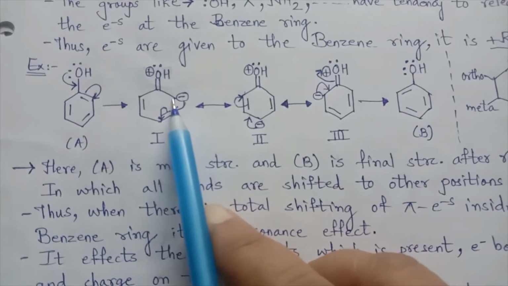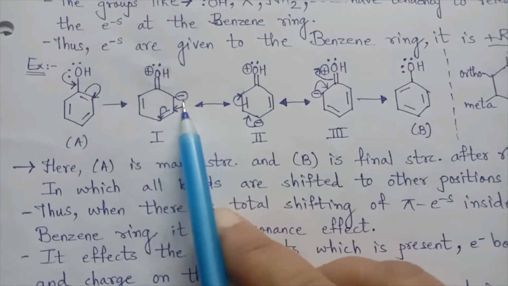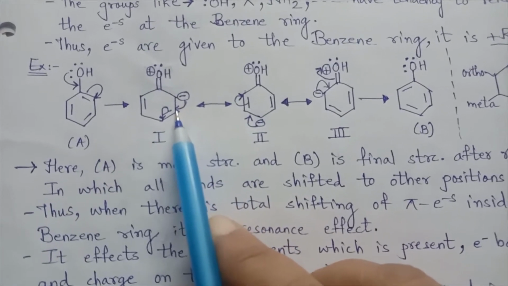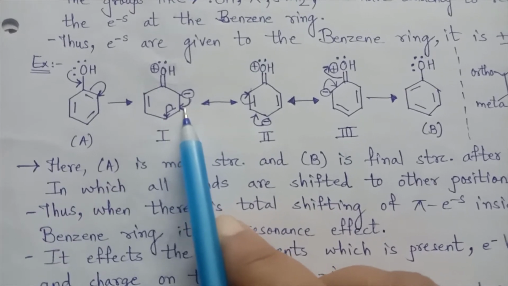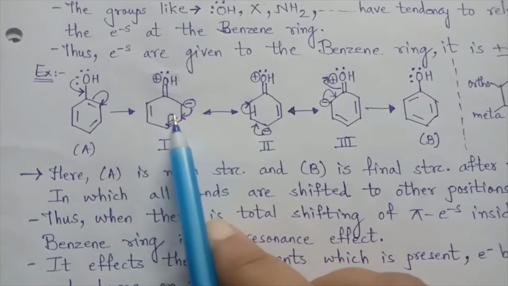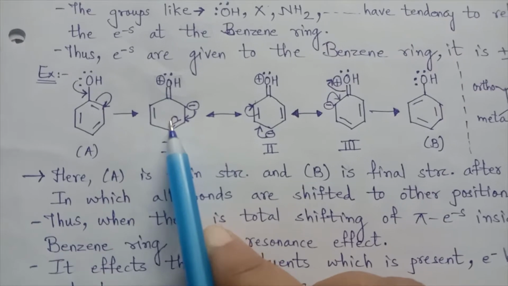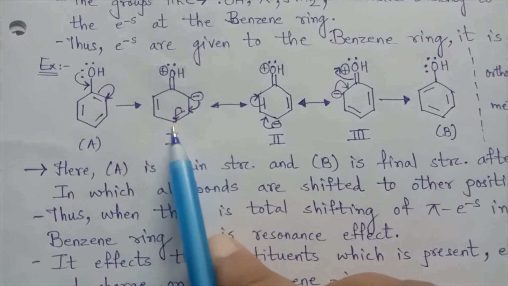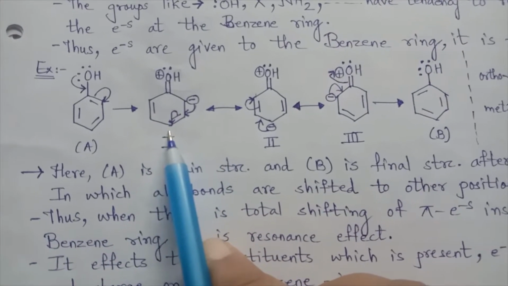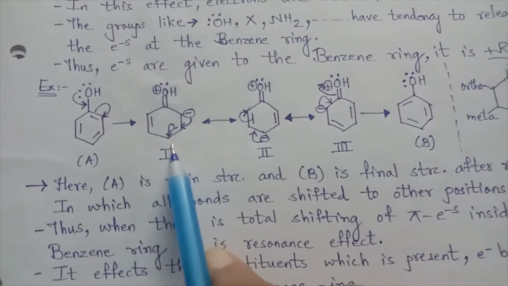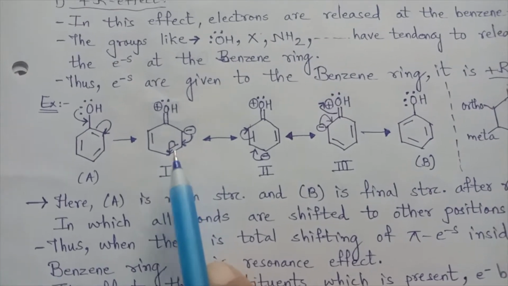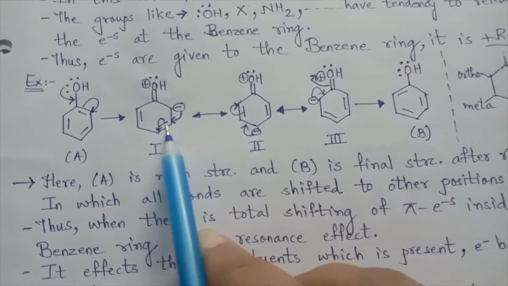Now this negative charge will be attacking here, and simultaneously, in the same direction, the bond is attacking the next carbon, right? So this is the plus R effect. That means electrons are given to the benzene ring.